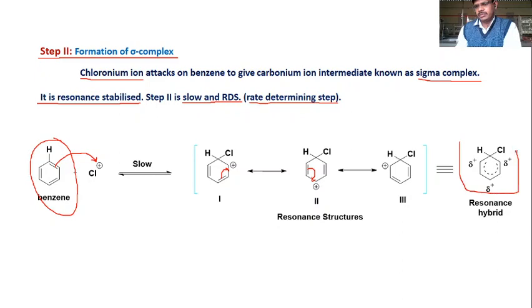The delta positive means that the partial positive charge is revolving on these carbons, but this carbon is not involved in the resonance. So this carbon is not part of the resonance hybrid.